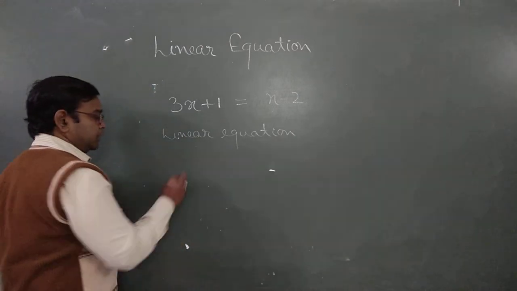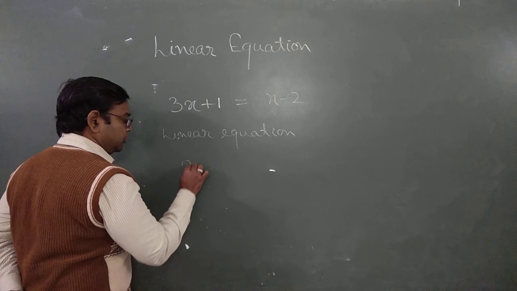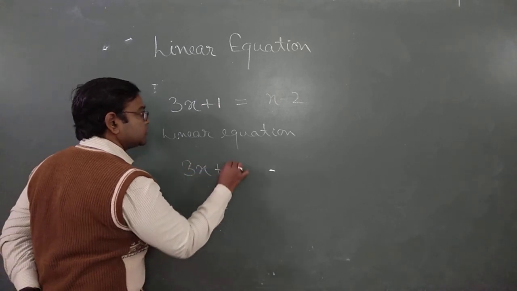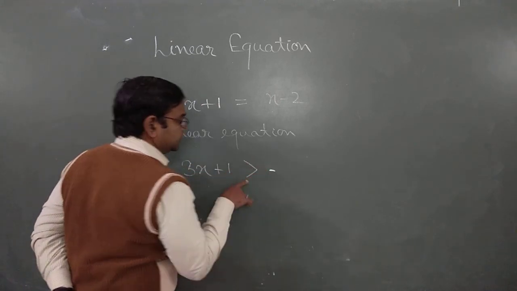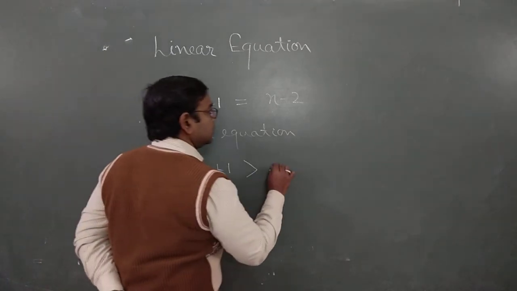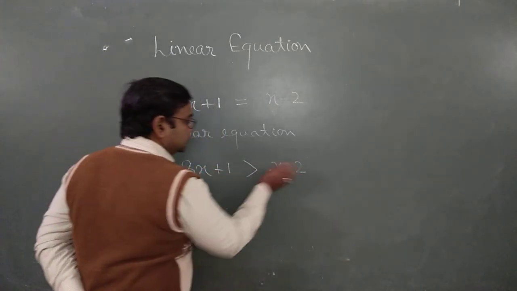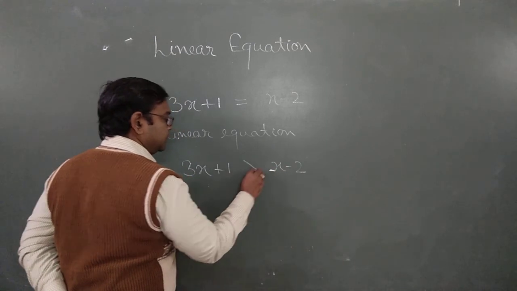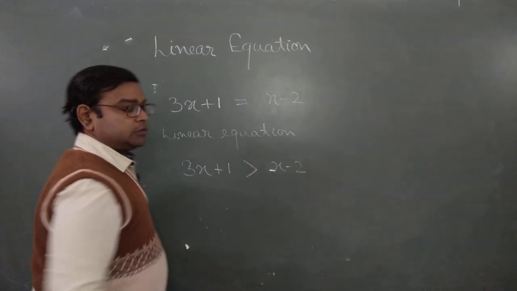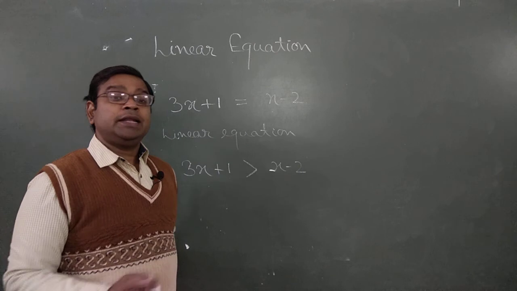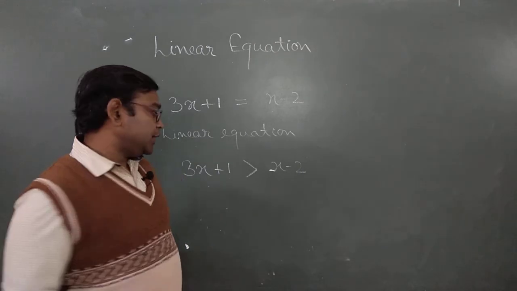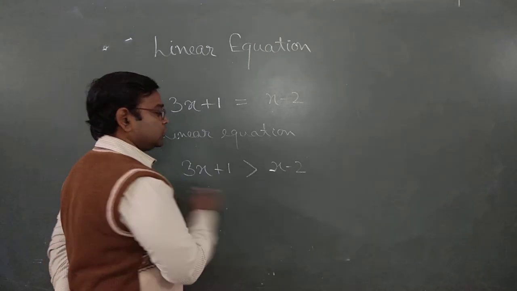For example, if I write 3x plus 1 greater than x minus 2, meaning this part is greater than this part, this is the greater than symbol, and it is what we discussed in class 7 as an inequation, not an equation.